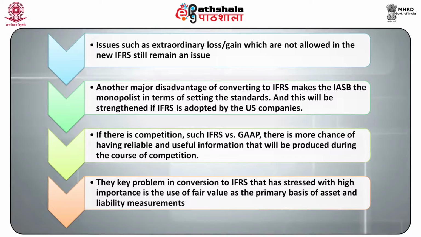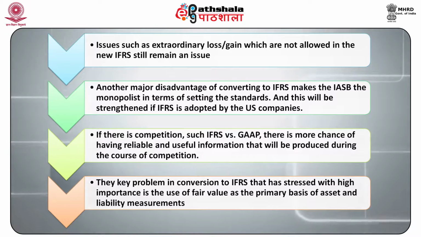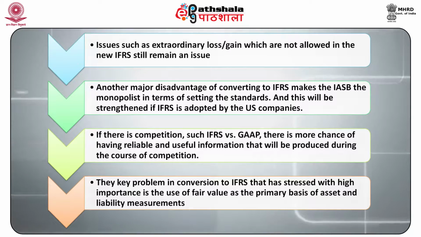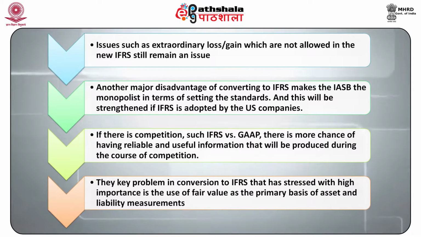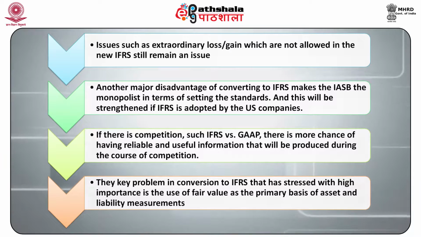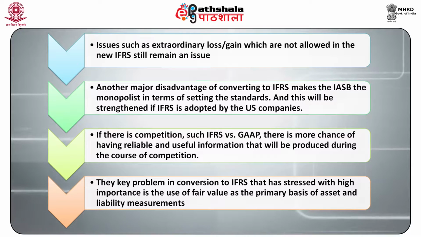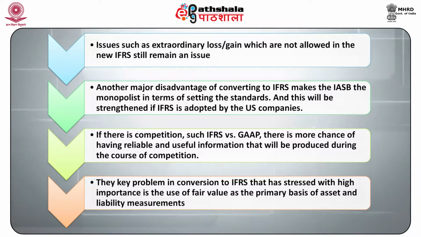3. Issues such as extraordinary loss or gain, which are not allowed in the new IFRS, still remain an issue. 4. Another major disadvantage of converting to IFRS is that it makes the IASB the monopolist in terms of setting the standards, and this will be strengthened if IFRS is adopted by US companies. 5.